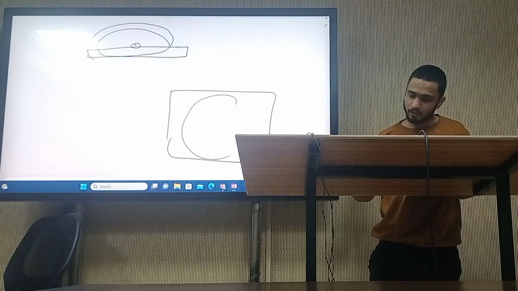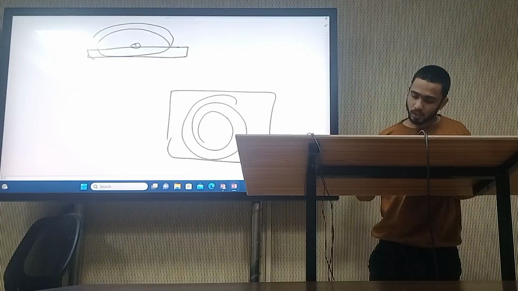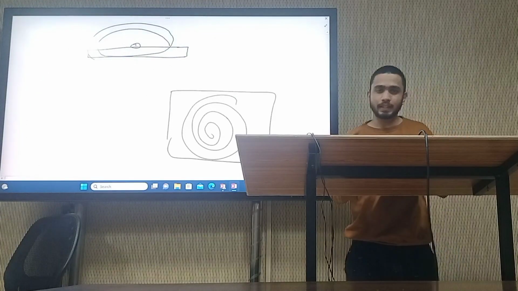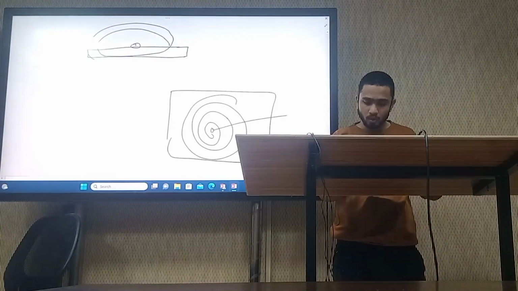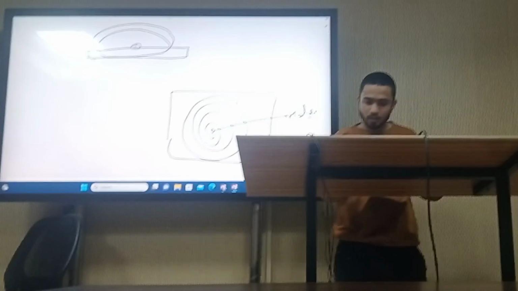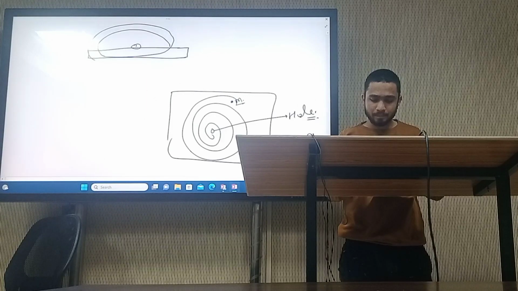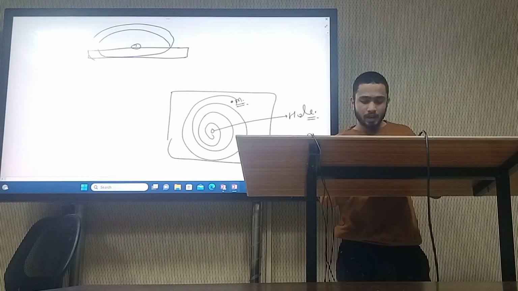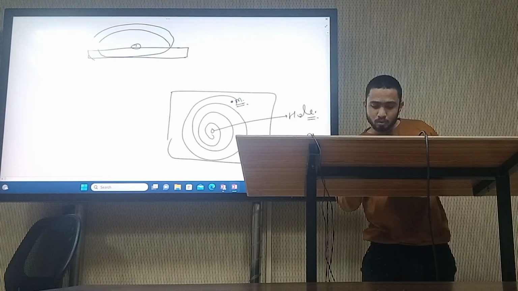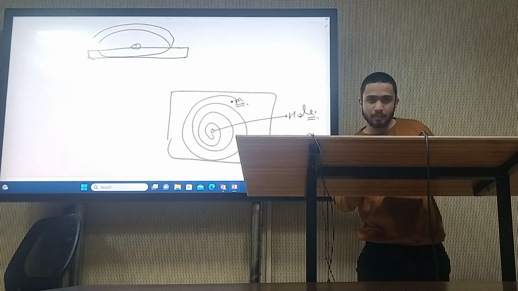Suppose that this is a type of board which has these curved structures, and this is the hole, and this is the particle of mass m.